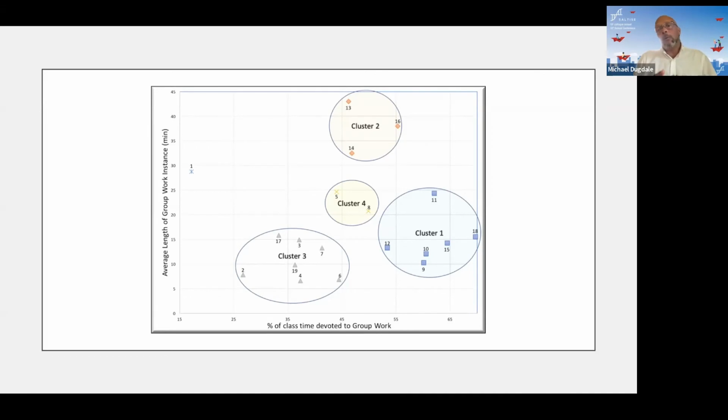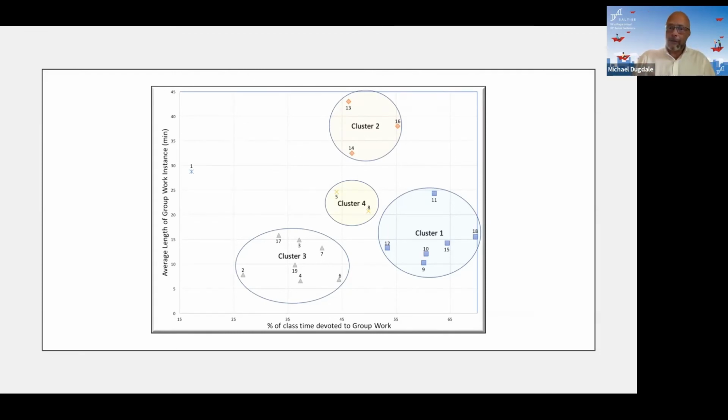But to that, then we applied a cluster algorithm to see if we can separate those. And when we did, we started to see not only cluster differences, but when we looked at what's happening in cluster one and who the teachers in cluster one and cluster two are, there was a qualitative feel about their enactments that was evident.